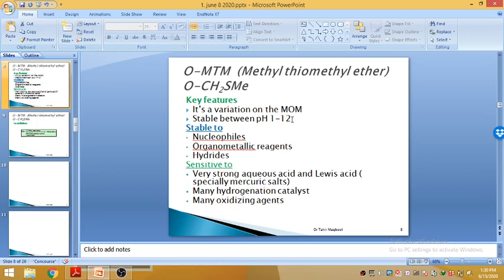For MOM you have known that it is 4 to 12. It is also stable to nucleophiles, organometallic reagents, hydrides, etc. However, it is somewhat sensitive to very strong aqueous acids and Lewis acid, especially mercuric salt. This salt has been used for the cleavage of the OMTM group. It is also sensitive to many oxidizing agents.